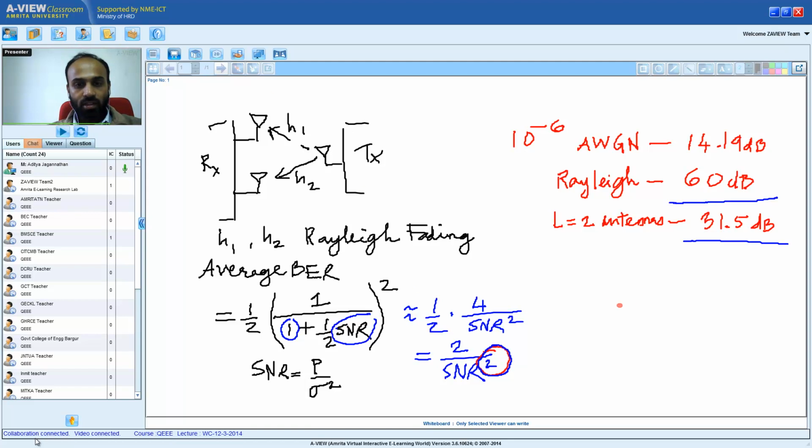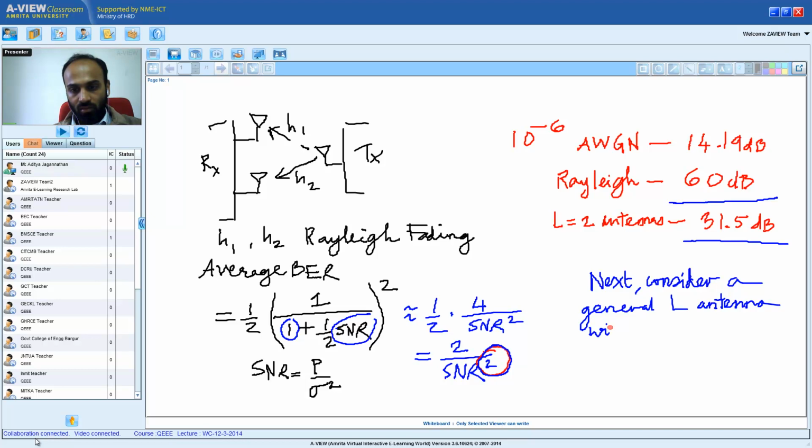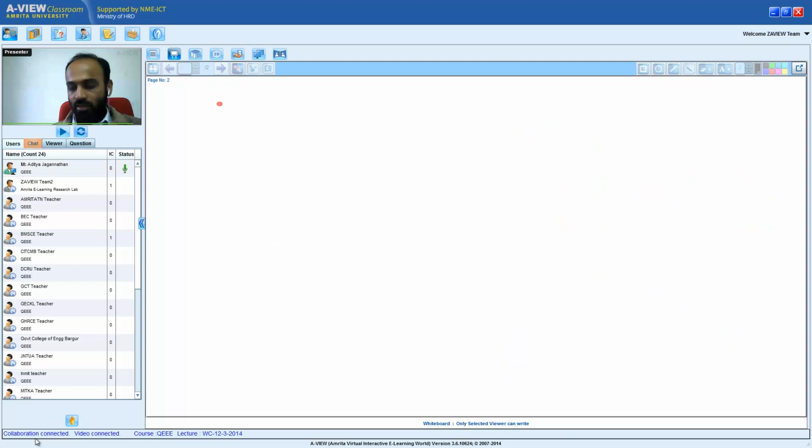My next step was to consider a general L antenna wireless communication system.